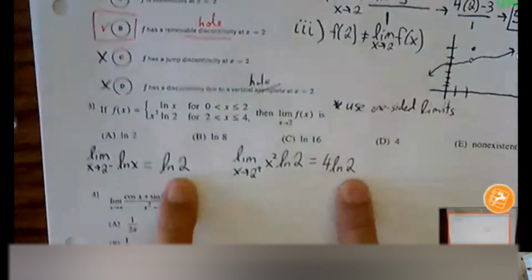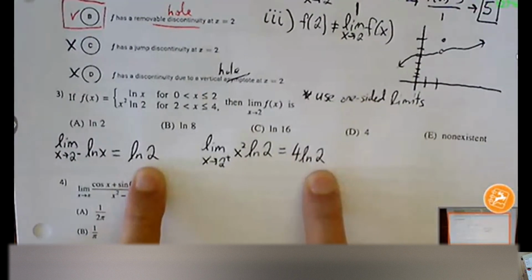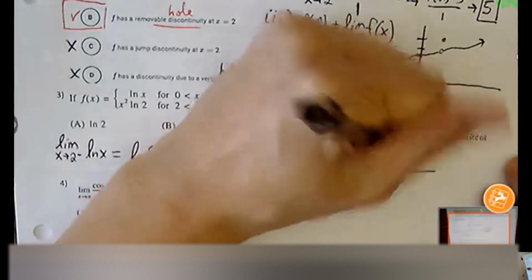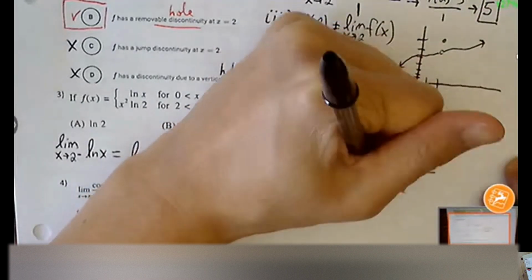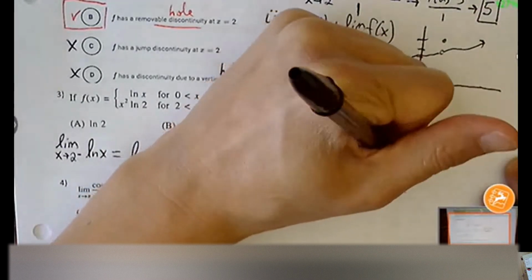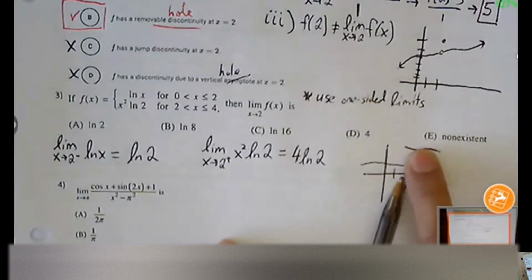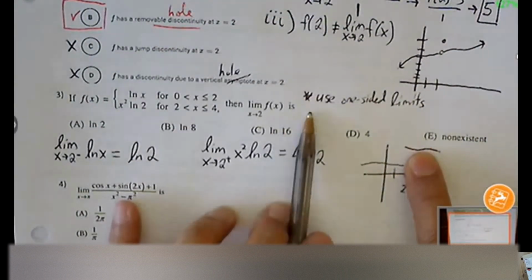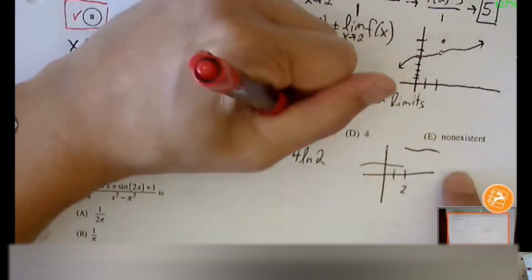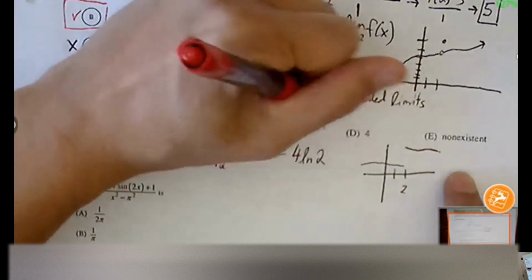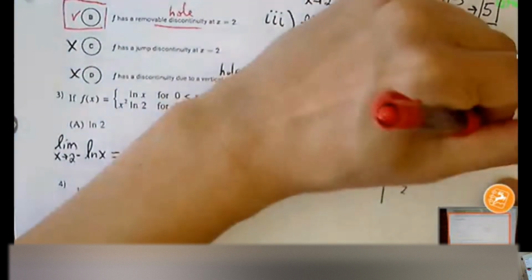And if you look, these are not the same y value, right? So what's happening is on one side of 2, we got natural log of 2 headed towards one value. Another is headed towards 4 natural log of 2. We see there's a disconnect. Therefore, the limit does not exist, because we don't have a consistent movement towards the same y value.